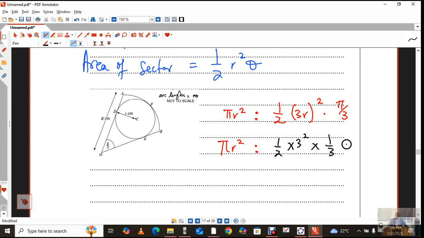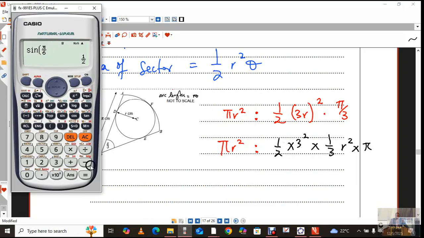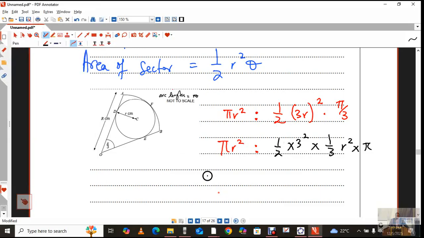Are you with me? Because I know that r should be squared, and I have a pi also that must be multiplied. So I want to find the numbers. The numbers are a half times 3 squared, which is 9, times 1 over 3. What does it give me? 3 over 2. Good. So my ratio is pi r squared compared with 3 over 2 pi r squared.